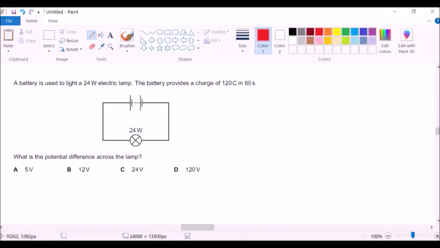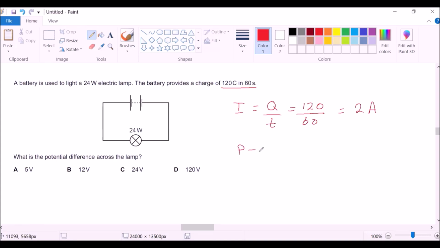A battery is used to light a 24-watt electric lamp. The battery provides a charge of 120 coulomb in 60 seconds. What is the potential difference across the lamp? From this information, we can find the current. Current is the rate of flow of charge over time, which is 120 over 60, which will give us 2 amps.